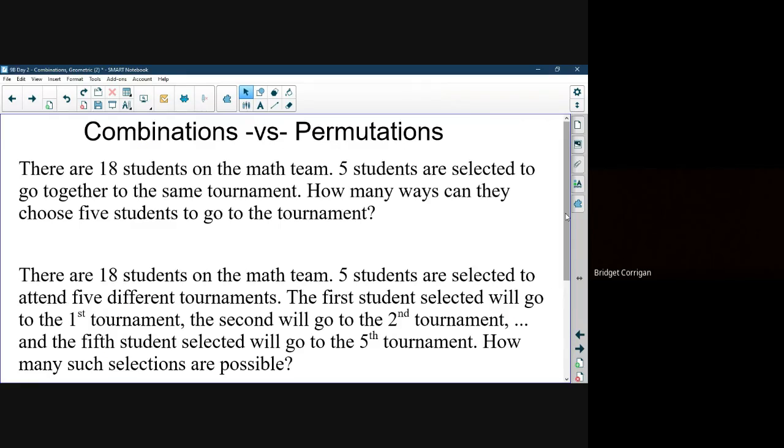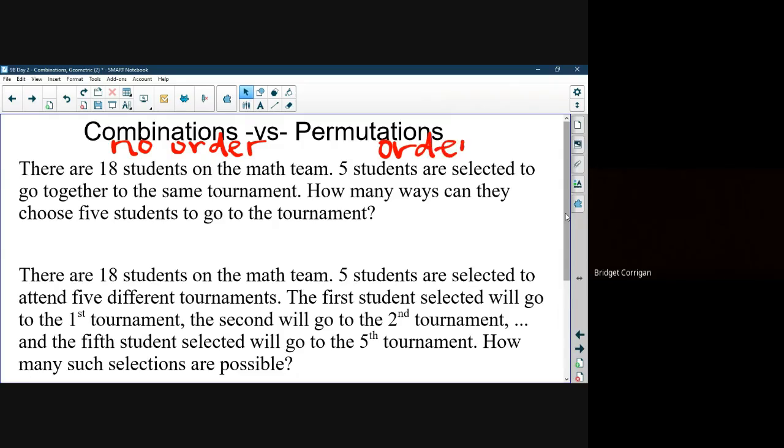Okay, moving on. We're going to compare the difference between combinations and permutations. As a reminder, both of them do not allow repeats, but with a combination, order does not matter. So you don't have to have a specific order with a combination. But with a permutation, order definitely matters.